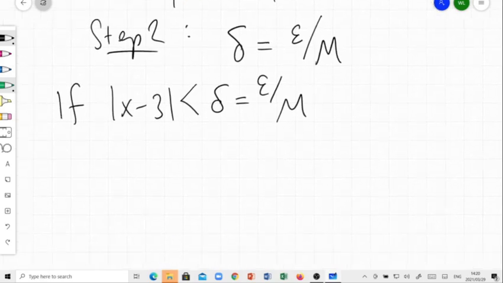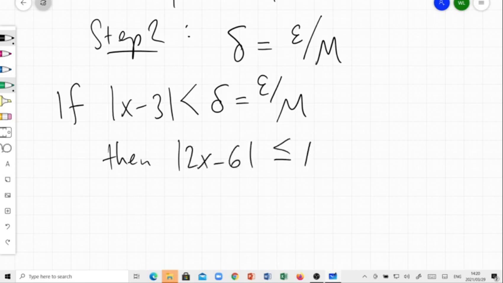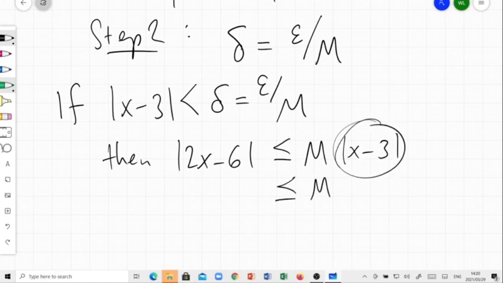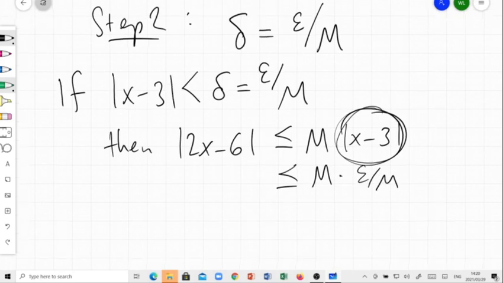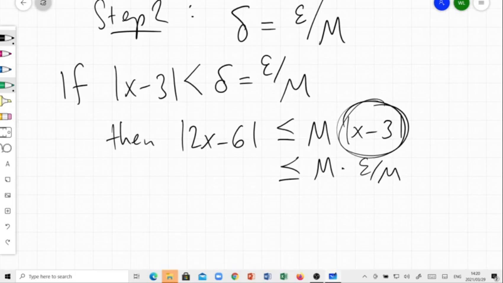So because |2x minus 6| is smaller than this multiple m times |x minus 3|, then that is smaller than m times epsilon over m, because the distance between x and 3 is smaller than delta.